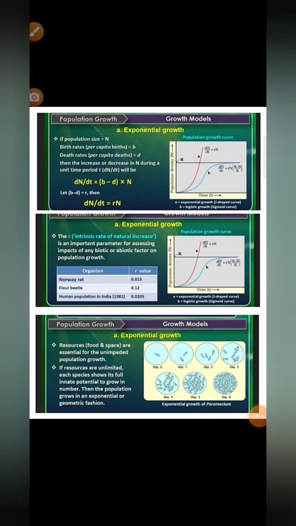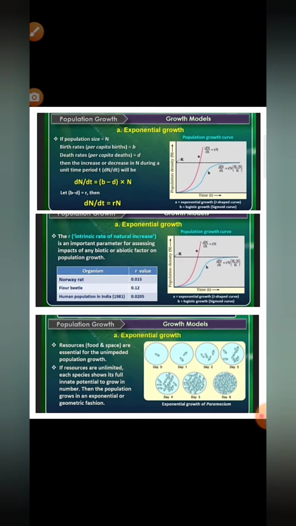Now we come to the population growth models. There are two models of population growth. One is the exponential growth, another is the logistic growth. Exponential growth, or geometric growth as we say, is very common where the resources are unlimited. Resources means food and space.